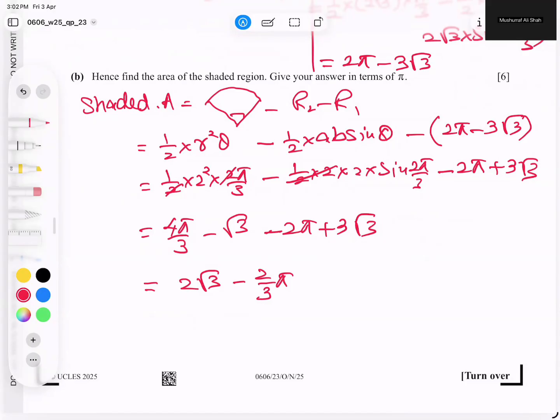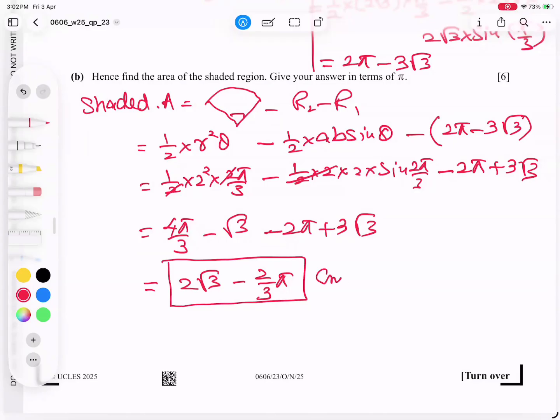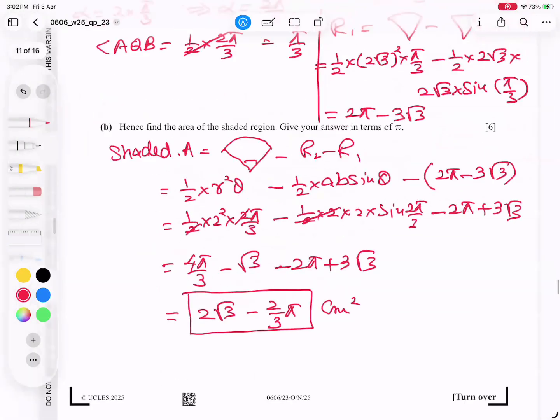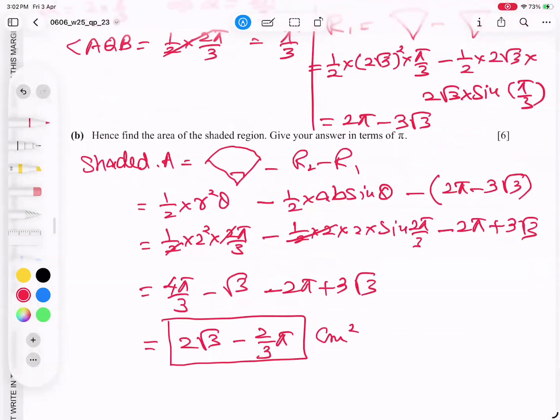Just a minute. Okay, so answer, just let me finalize it. Yes, so I think the concept is very clear, and centimeter square, I have to write it. So the concept is very clear, and the question is complete.